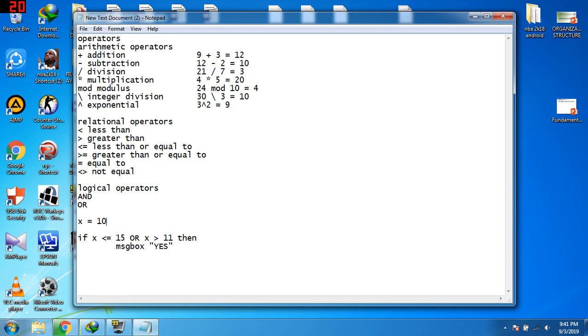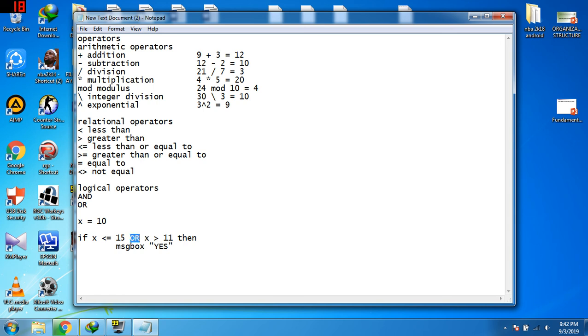So like for example, sa given example natin, x is less than or equal to 15, then we have x equals to 10. So this is true. Okay. Next, we have x is greater than 11. So this is false kasi we only have given 10. Pero, or yung ginamit natin.